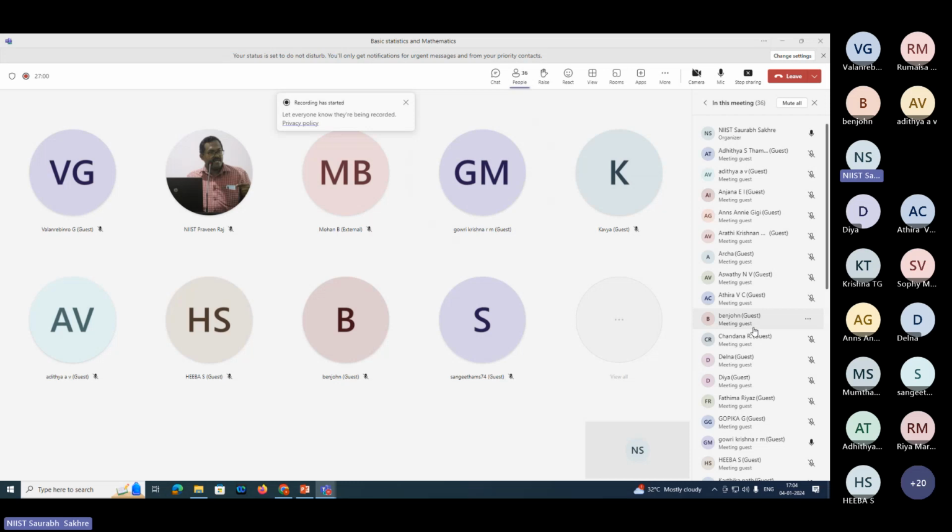Gauri Krishna, what is alpha? Sir, alpha is the level of significance, or it is just the proportion of data, sir. Okay, so suppose alpha is 0.50.